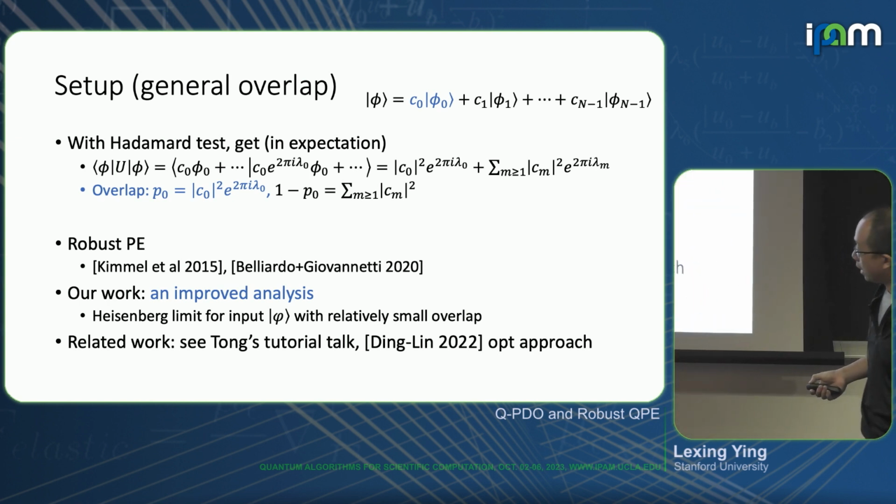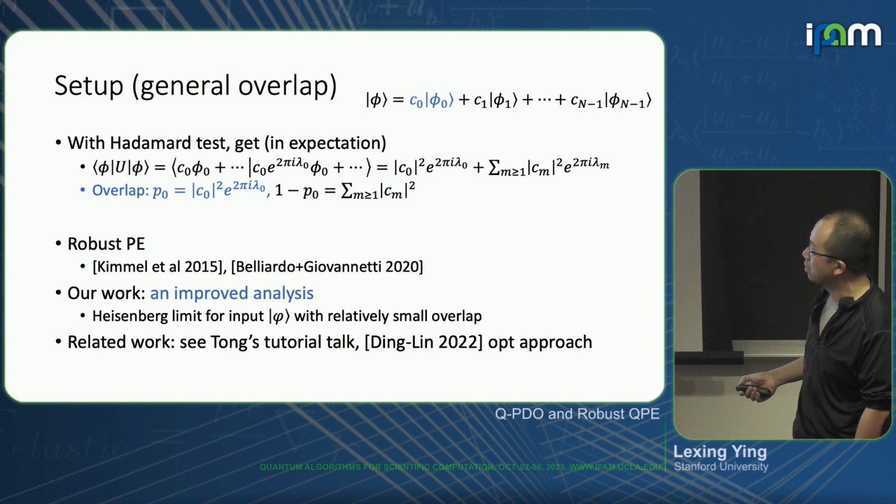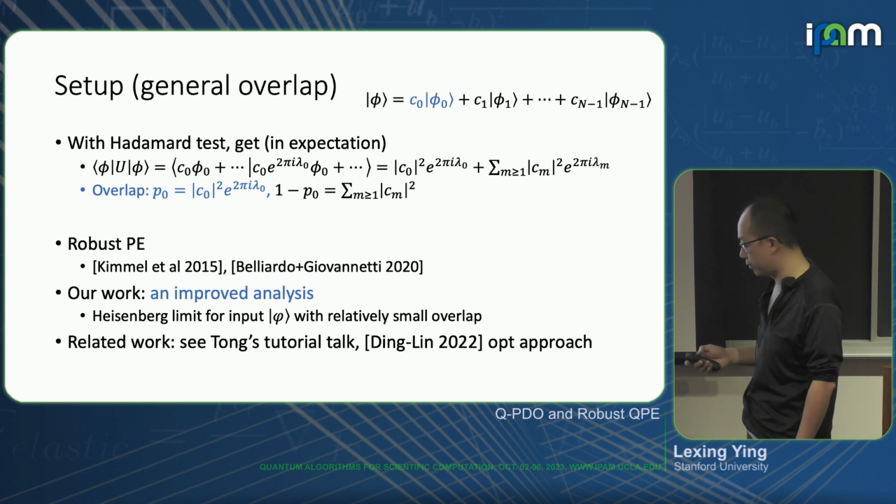Now, there is a lot of work on phase estimation. For example, in the tutorial workshop, Tom has two very nice talks about this content. Also, our analysis, in some sense, is motivated by the recent work by Ding and Lin, where they use an optimization approach to do the phase estimation.